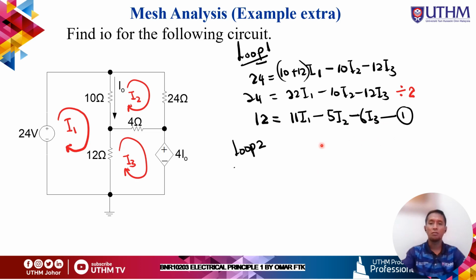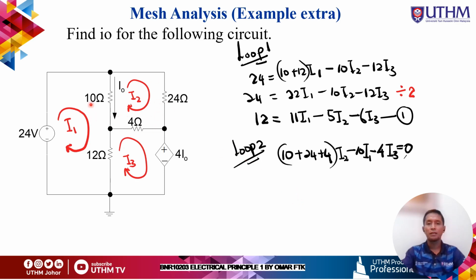So then you can do the second loop. For the second loop we have minus 10 (I2 minus I1) plus 24 I2 plus 4 (I2 minus I3), that's equal to 0.